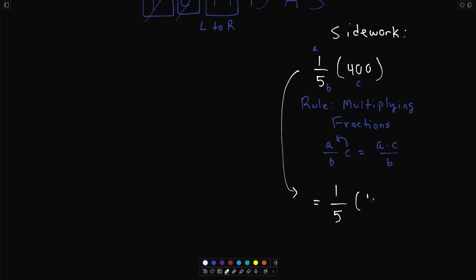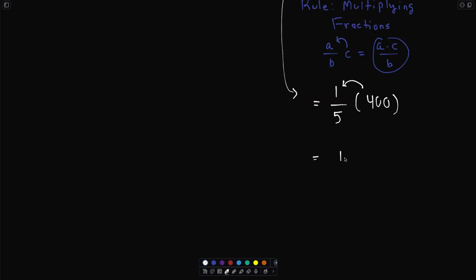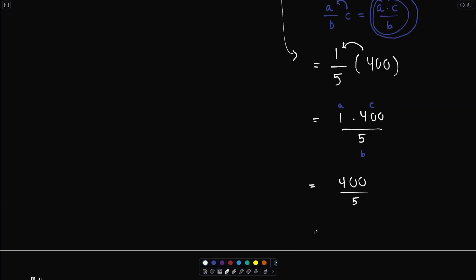1/5 times 400, that's the same thing as 1 times 400 over 5, where a is 1, c is 400, and b is 5, which matches our rules for multiplying fractions. So 1 times 400 is just 400 over 5. And if we put that in our calculator, that gives us 80.